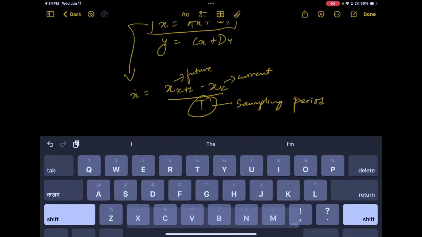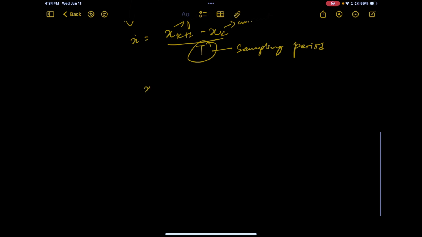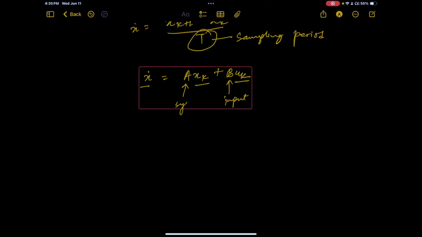So if you do this one, you'll get x dot equal to Ax_k plus Bu_k. Okay, and this one is dependent on the current state and the current input, and we have A and B as the system dynamics and the system input that we are giving.